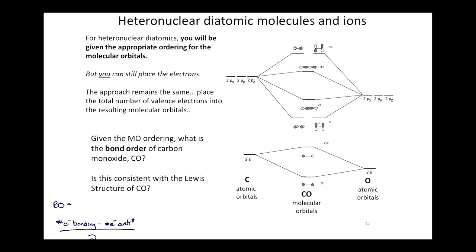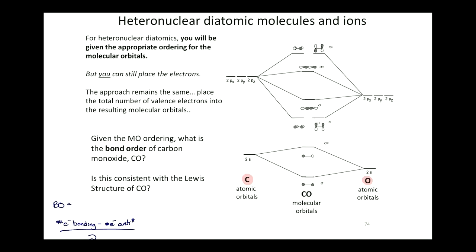In this case, it's a carbon and an oxygen atom that we're combining. For these types of questions, we give you the ordering of the molecular orbitals, but you can still place the electrons, and we can still answer questions about it.